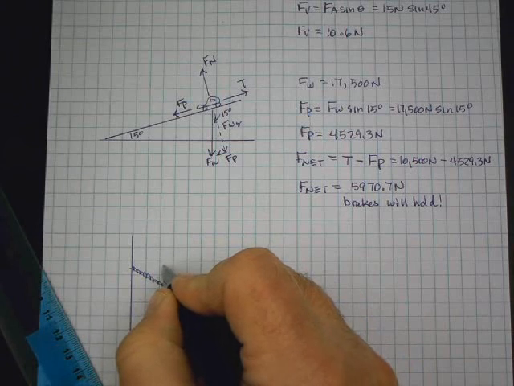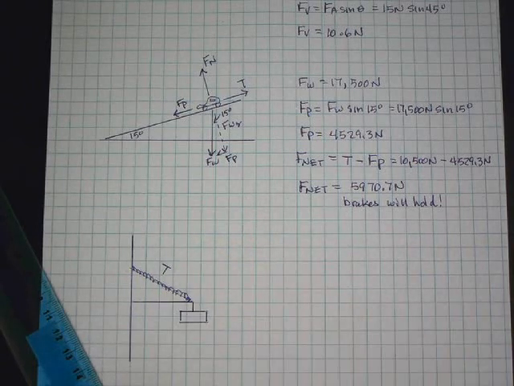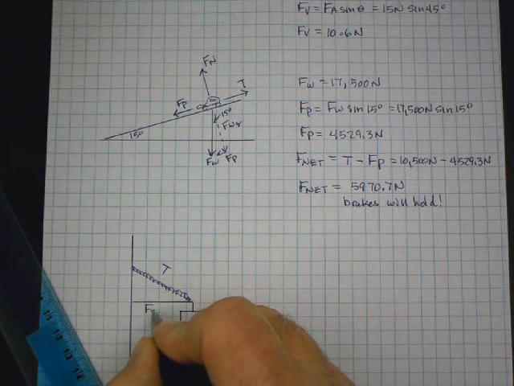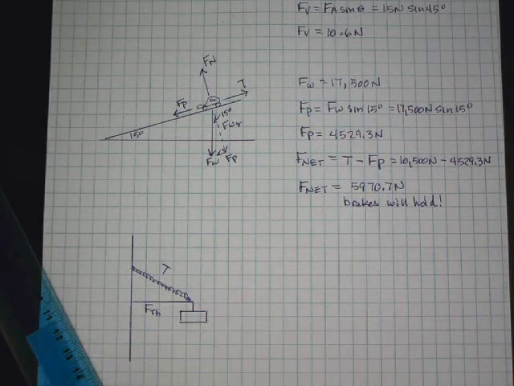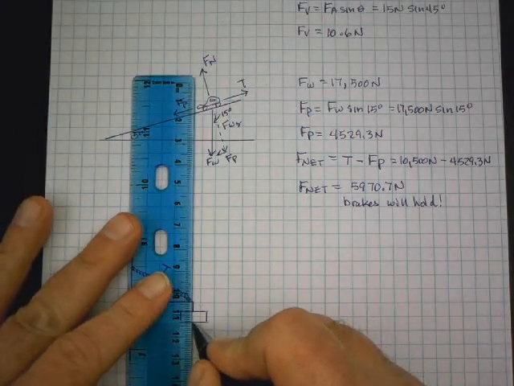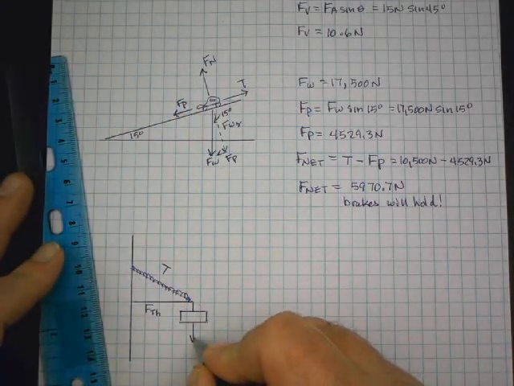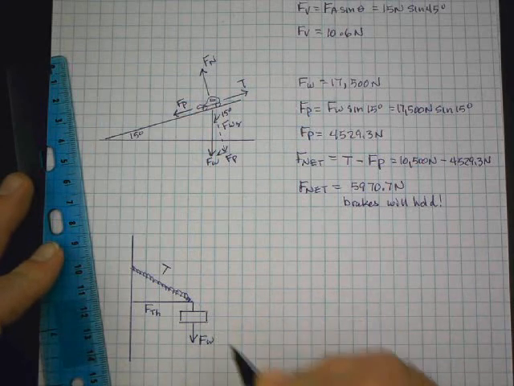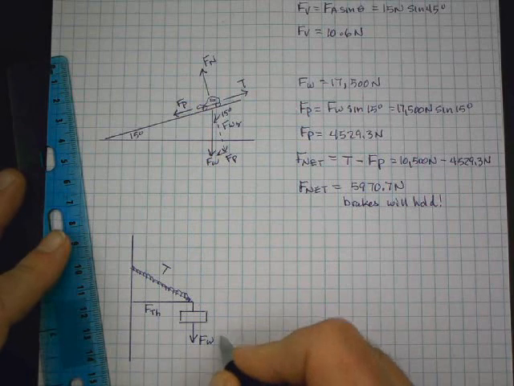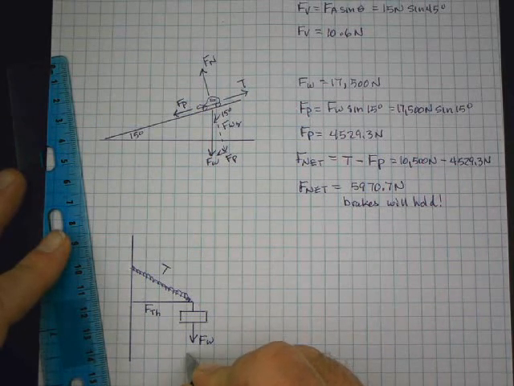So this will be the tension in the chain. This will be the thrust force. Here is the weight of the sign, which again is 400 newtons.